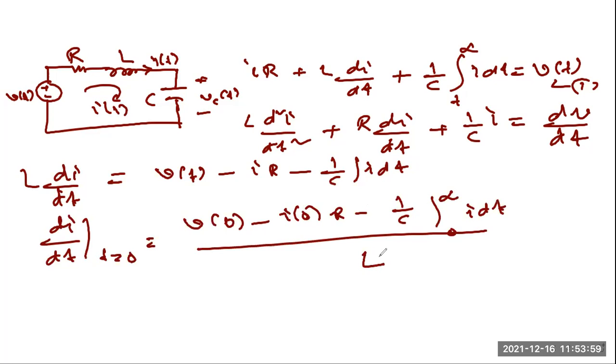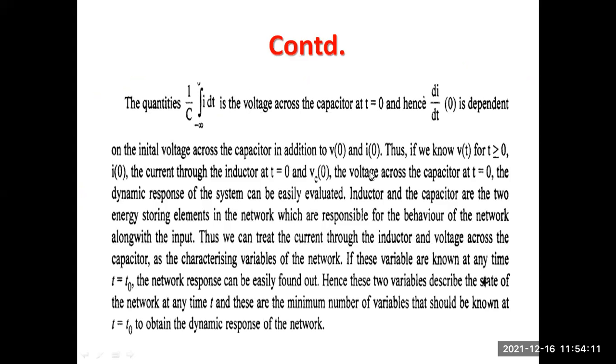Is it clear? Yes, sir. Okay, fine. The quantity 1/C integration from minus infinity to t of i dt is the voltage across the capacitor at t equal to 0. Hence di/dt at t equal to 0 depends on the initial voltage across the capacitor in addition to V0 and I0.